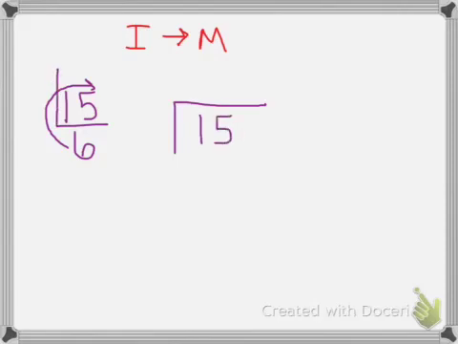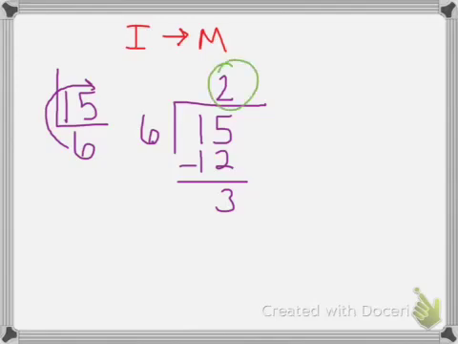So my numerator gets put on the inside and my denominator on the outside. So I've basically turned that fraction. So then I ask myself, how many times does 6 go into 15 without going over? 6 goes into 15 2 times. 6 times 2 is 12. Subtract, 3. Then I have all my answers that I need right here.